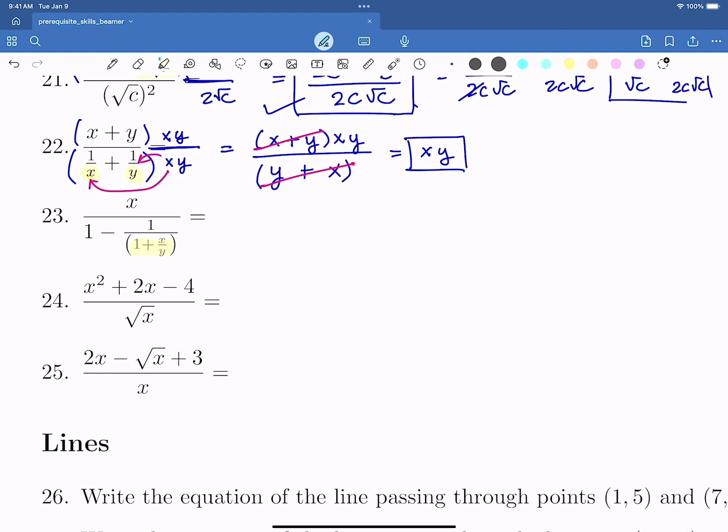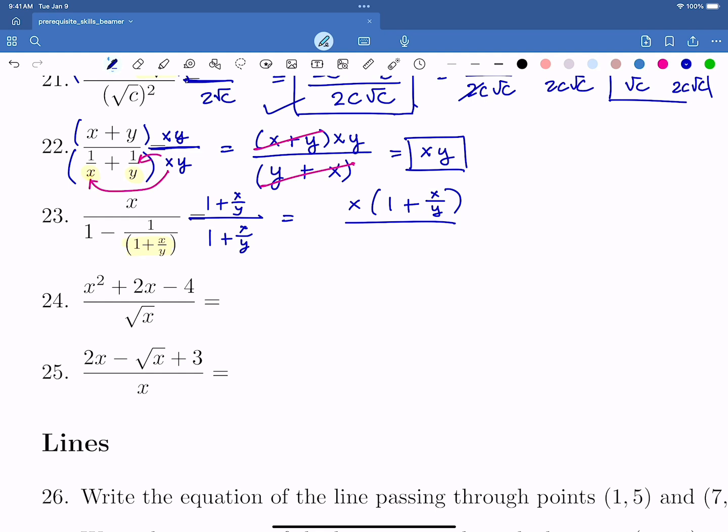Next, inner fraction, 1 plus x over y. If I want to use the same technique, then I'm multiplying by 1 plus x over y. In the numerator there was no inner fraction, so I'm just going to leave it in the same form. Now, I still have an inner fraction, because the thing I'm multiplying by has an inner fraction, so I might have to go further with this.